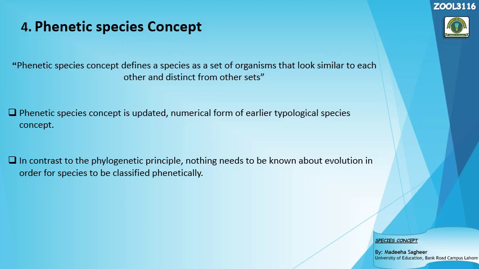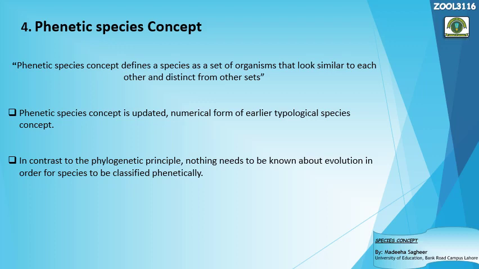Phenetic species concept is the updated numerical form of the earlier topological species concept. As I told you, this is the numerical modern version of the morphological species concept or the topological species concept. Why is it called numerical? Because this kind of concept uses statistics, it measures and records the similar characters, right?